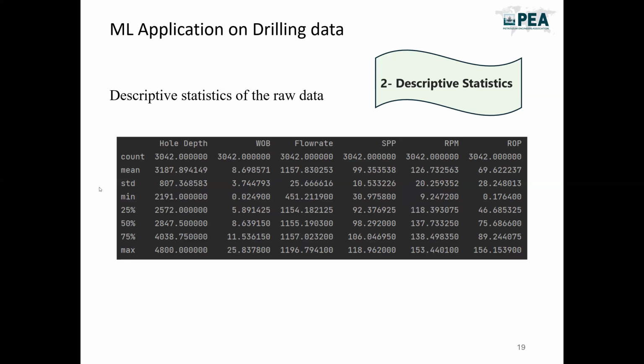And also we have these 25%, 50%, and 75%, which we call the Q1 quartile, Q2, and Q3. Again, these also show how the data is spread. As an example, 25% is the value below which 25% of the data falls. And it's also a good indication of the lower end of the data, how it is distributed.